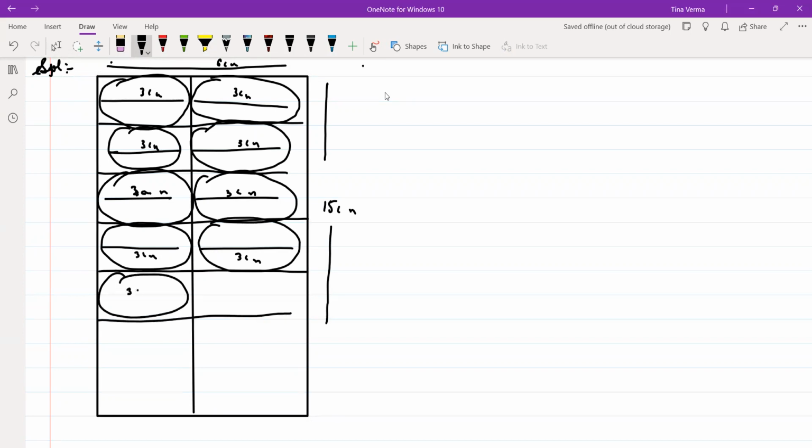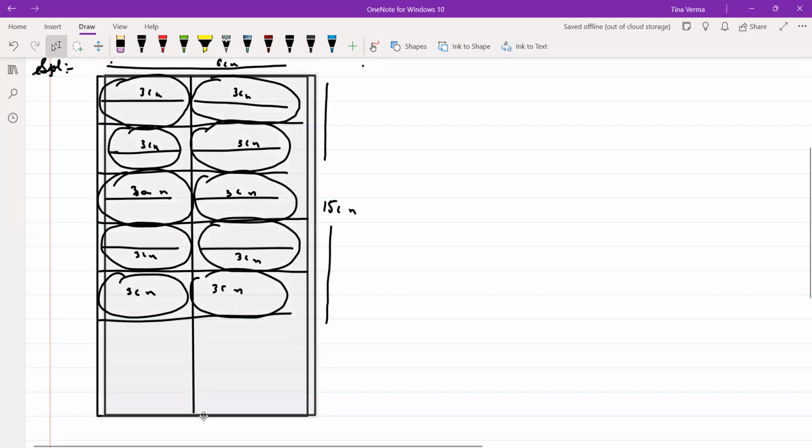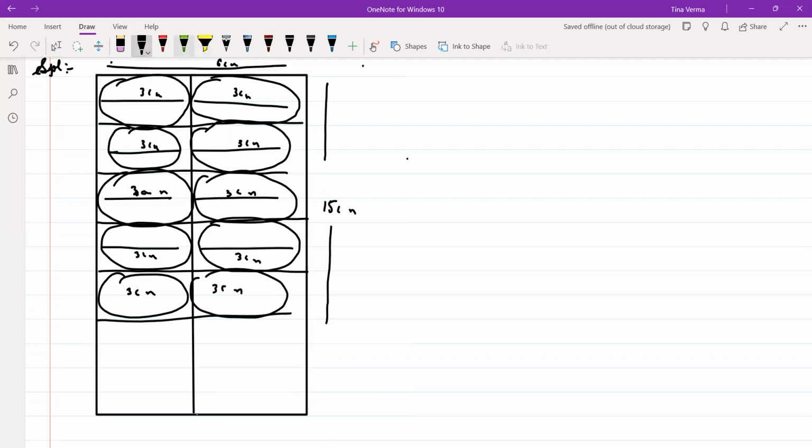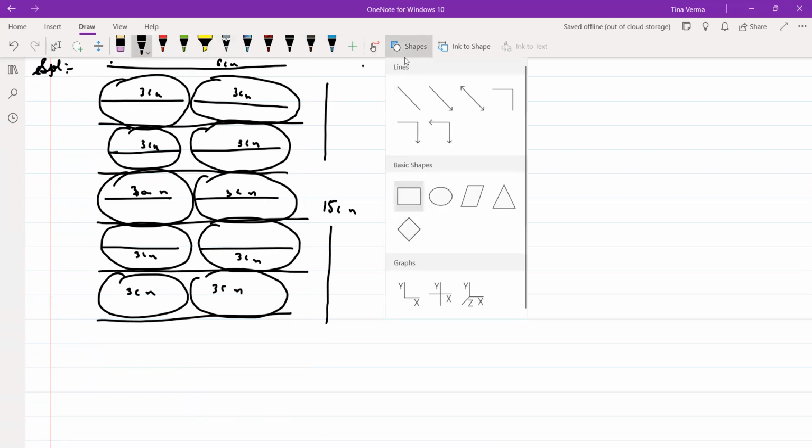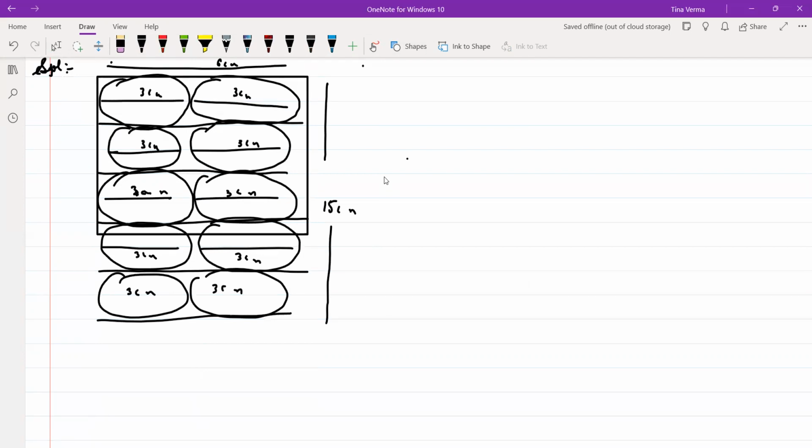So you have also cut 3 centimeter and 3 centimeter. This is one of the patterns.